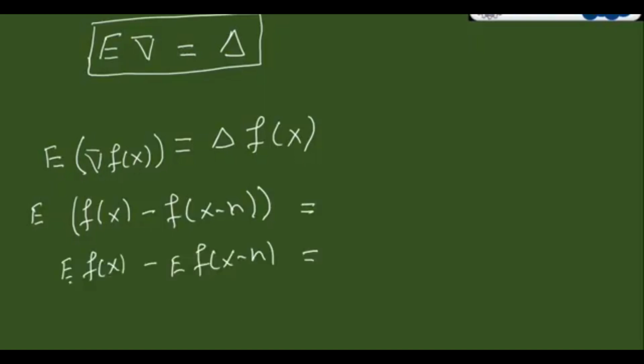If I apply a shift on any function, we know that it is a forward shift, so it will be equal to f of x plus h minus, and if you shift forward a value, you will get f of x. You can try by adding plus h, you will get the same. Is that equal to the forward difference of f of x or not?